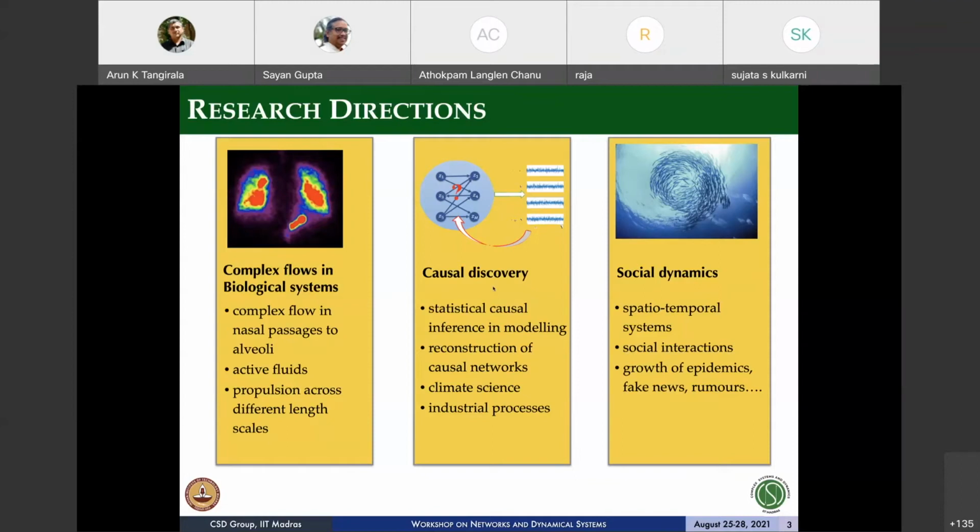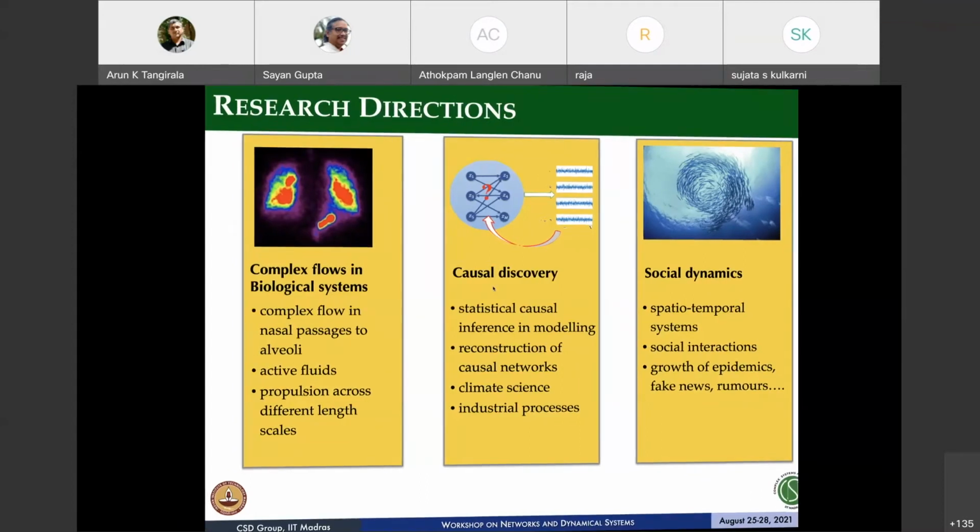So we would like to find out, for example, what are the models that can explain social interactions. And given the current circumstances, obviously, a hot problem of interest is in the growth of epidemics and rumors that go around and so on. And that essentially are some of the problems that we study under this one.